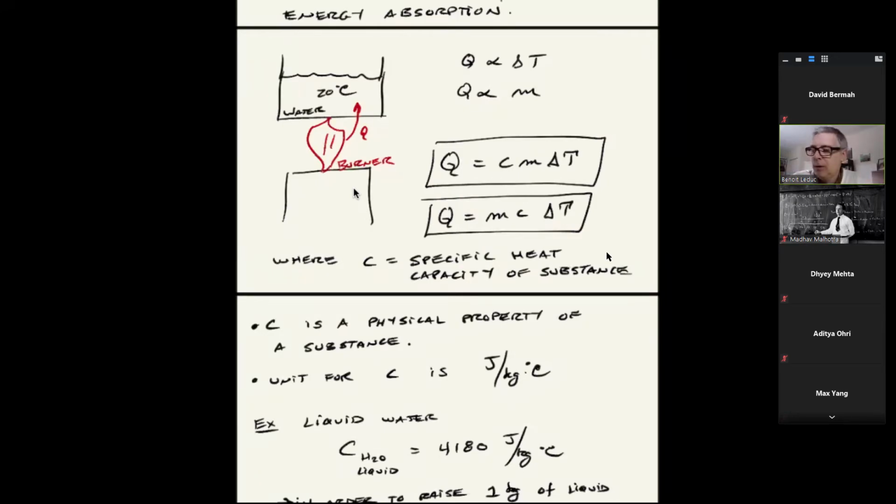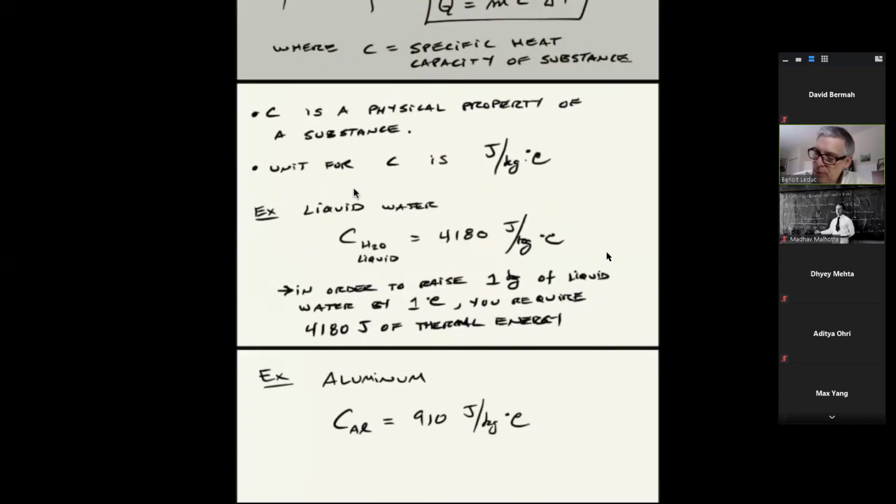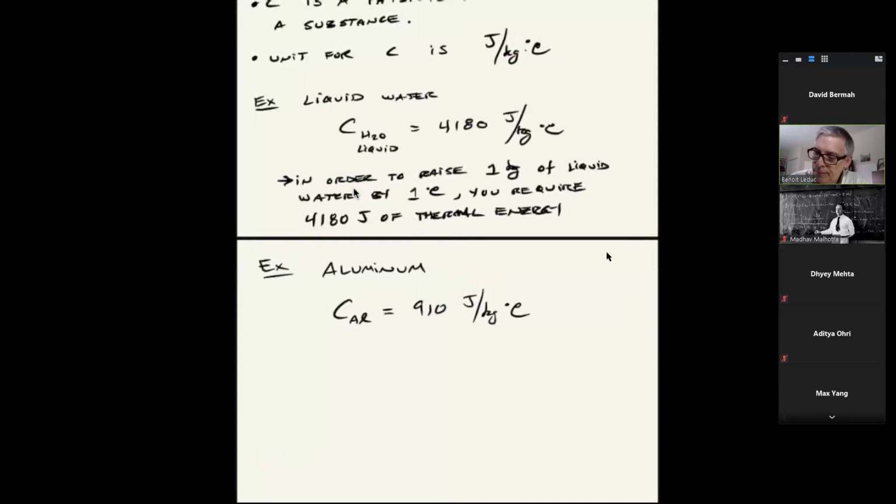So you go to the table on page 260 in your textbook, look up the specific heat capacity of aluminum, and then you just isolate. It's not really hard. Okay.